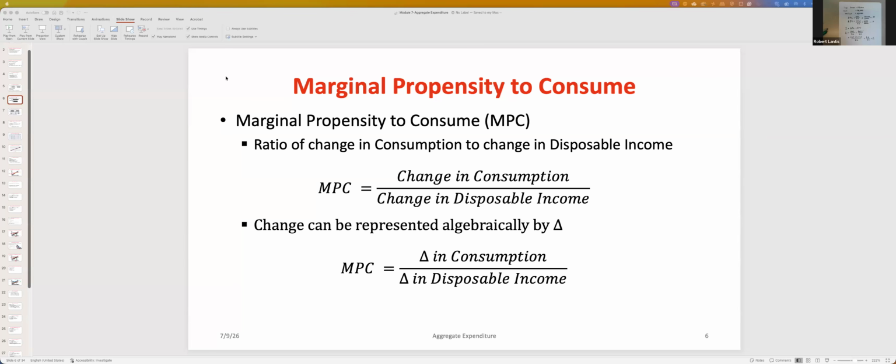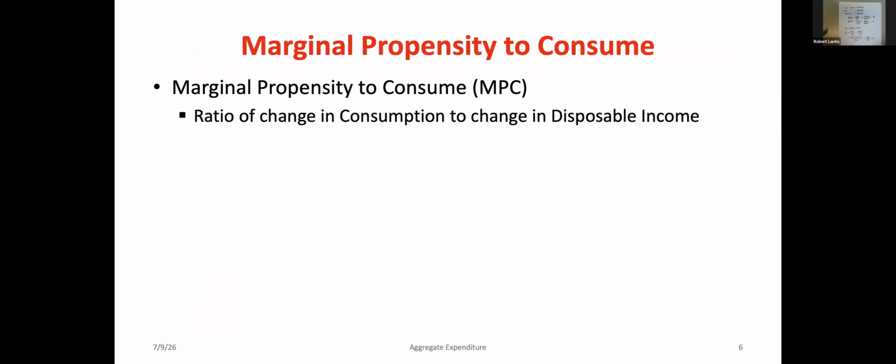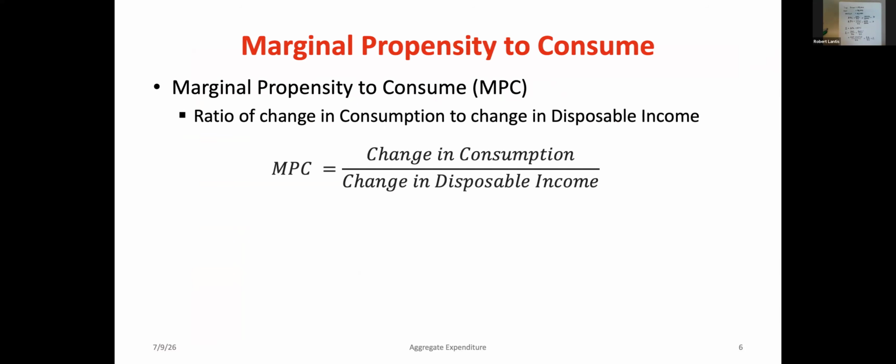So what about marginal propensities to consume and marginal propensities to save? When we're thinking about marginal, we're thinking about the change in. So the marginal propensity to consume is my change in consumption divided by my change in disposable income. So if I make 10,000 more dollars, I might not spend all of that on consumption. I might put some of that aside into savings.